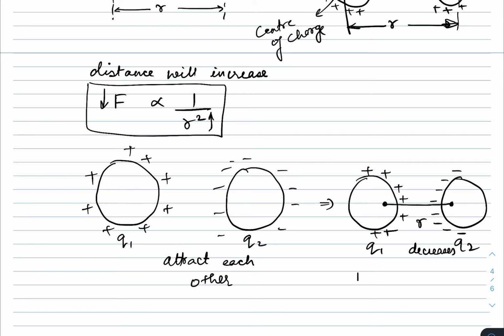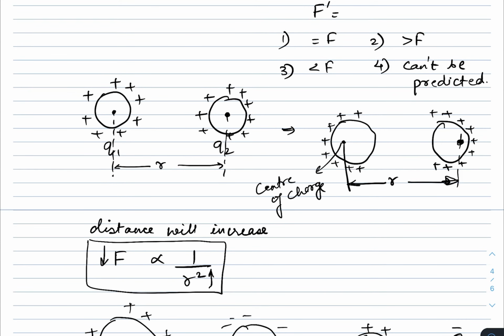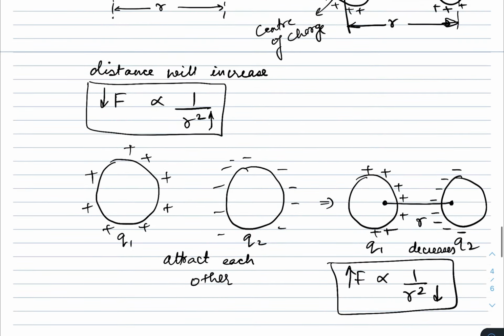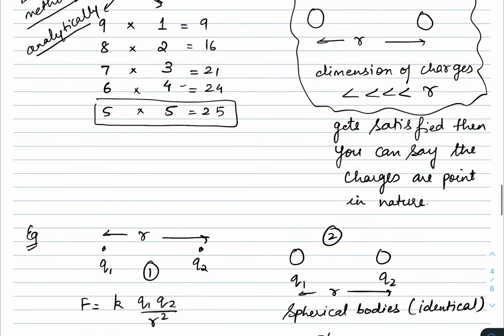So if r decreases, according to the relation, force will increase. So you cannot blindly say that force will always decrease. It may increase depending on the nature of the charge, right? We can get an idea whether it is greater, equal, or less than, but we cannot get the exact value. The reason is Coulomb's law cannot be applied for bigger bodies, only for point objects. So these are some examples we have discussed in Coulomb's law, right?